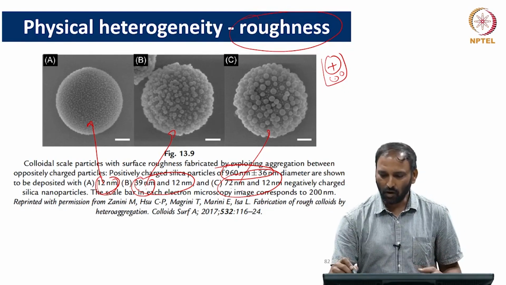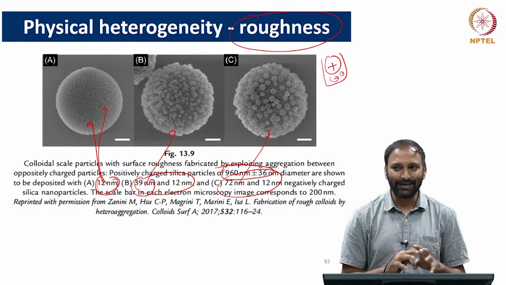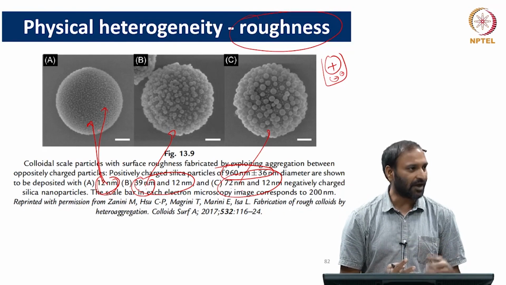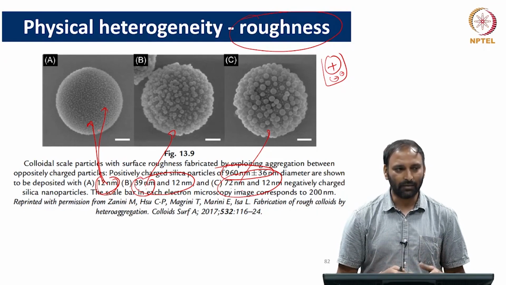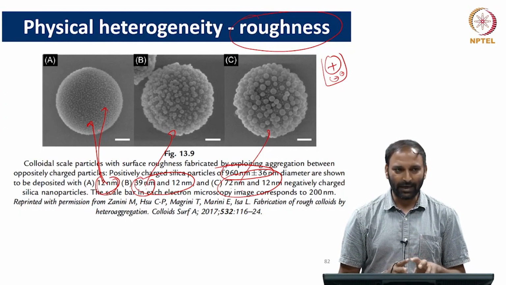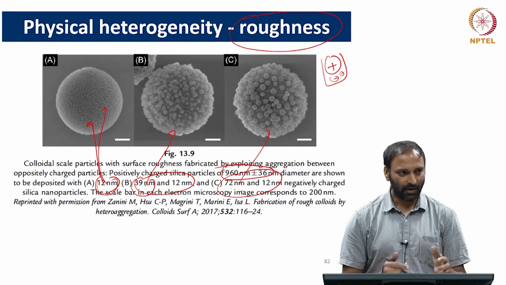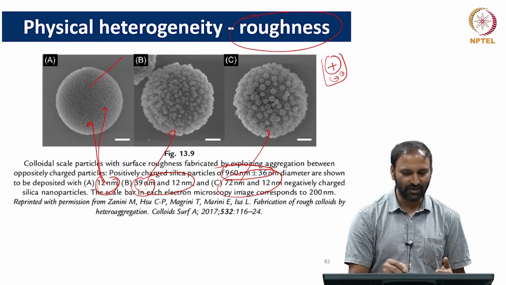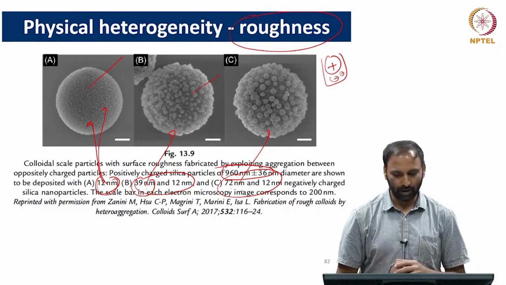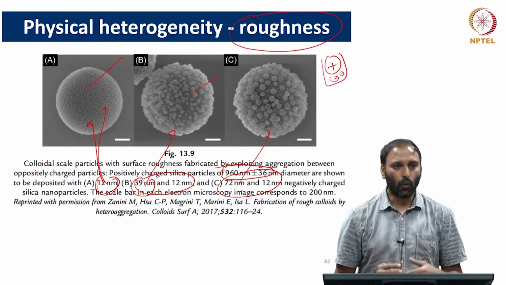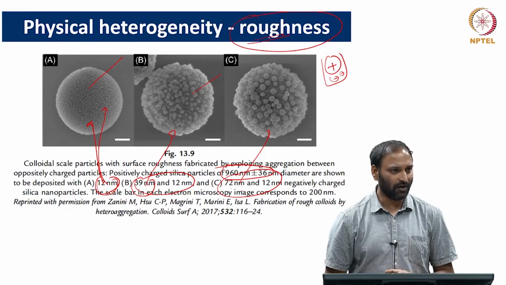Because they are oppositely charged, these smaller particles are going to get deposited on the surface of larger particles just because of the electrostatic interactions, and thereby they are able to get particles which have different roughness. In this case very small scale of roughness, in this case you have roughness of different degree, if you want to call it.